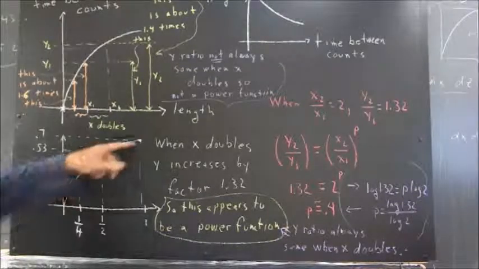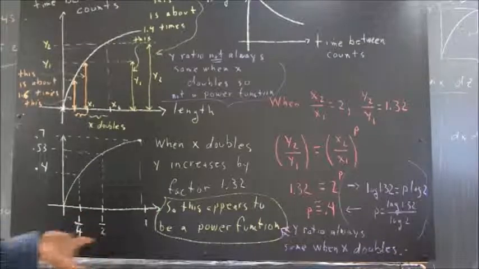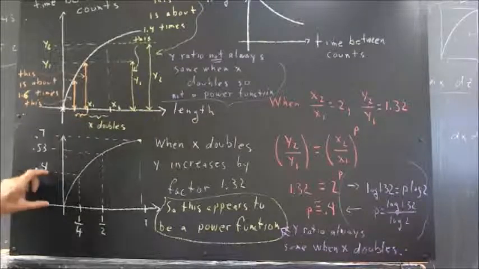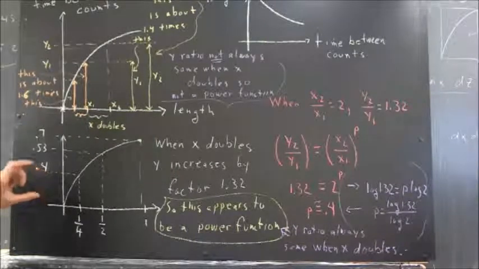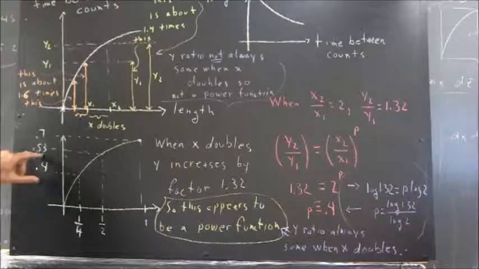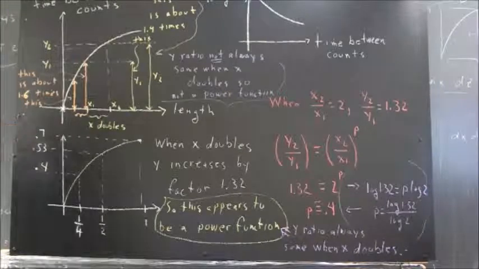Now, here's another set of data. I've drawn another graph, and I've used the numbers from one of the students that did this today. Where we have lengths of 1/4, 1/2, and 1, we got y values of 0.4 seconds between counts, 0.53 seconds between counts, and 0.7 seconds between counts.